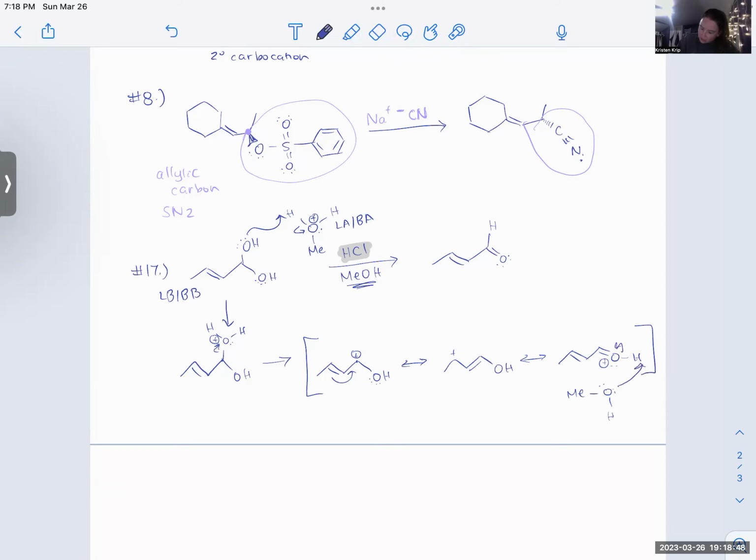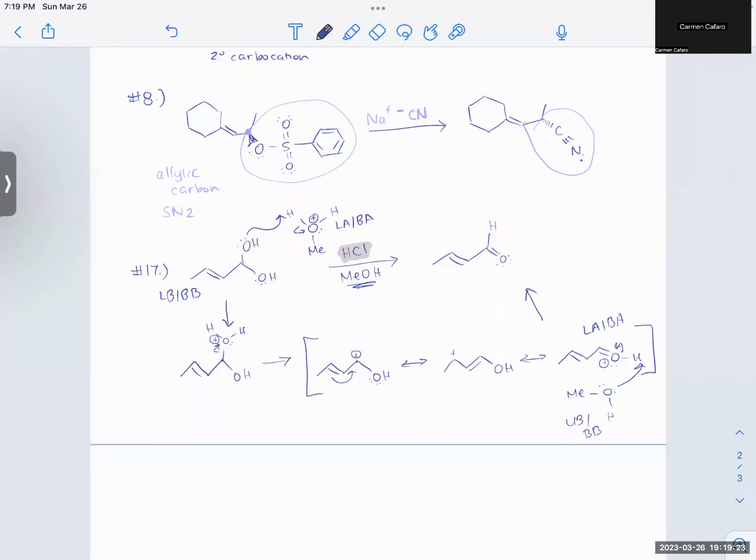These electrons are going to move back onto that oxygen, and you end up with this. You will want to draw that hydrogen there because now you have an aldehyde. Oh, and then we also should label: we've got our Lewis acid, Bronsted acid, Lewis base, Bronsted base. We always have to label that. And I think that's it.